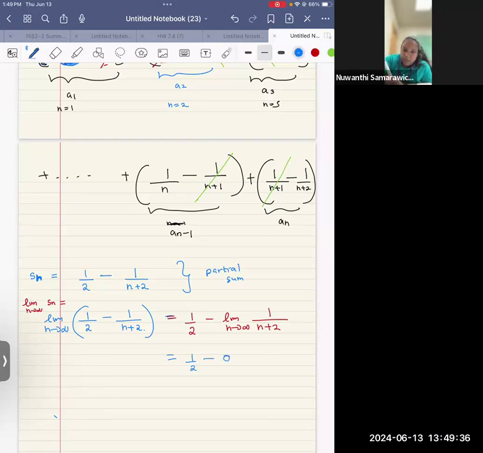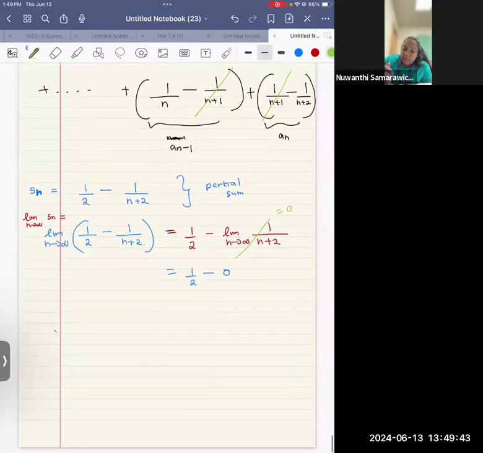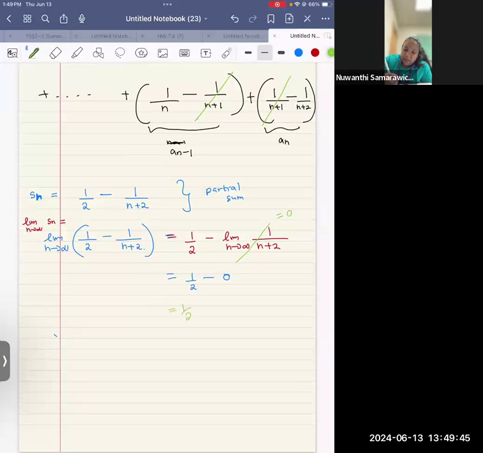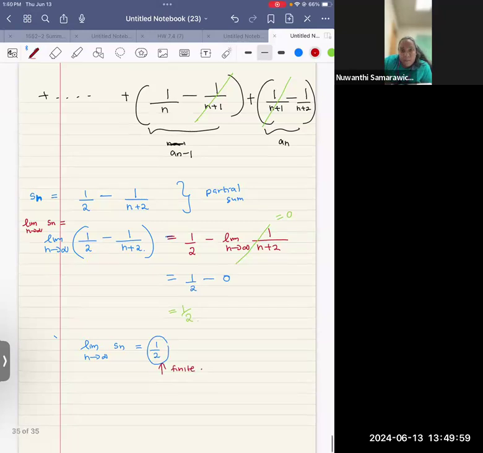This whole thing is 0 because the denominator is a very large number. So you will get a half. What we showed is that the partial sum is a half, which means it is a finite number, right? So then what can we say about the series? We showed the partial sum is a finite number. Then what can we say about the series?